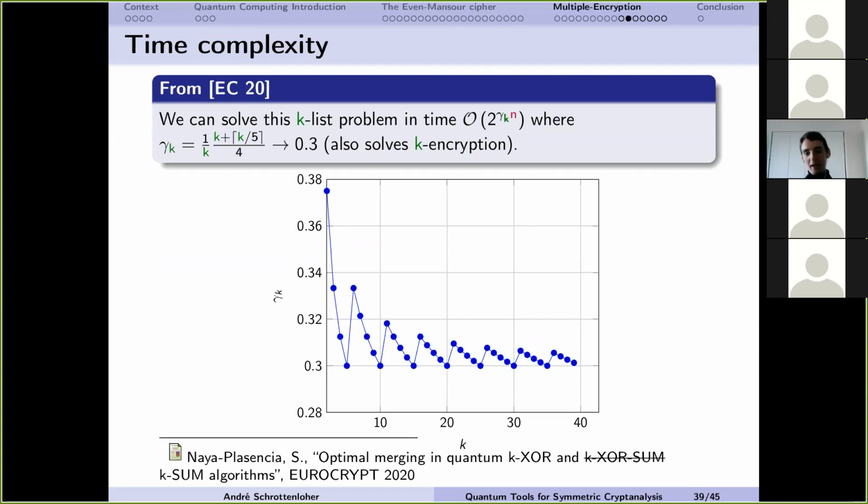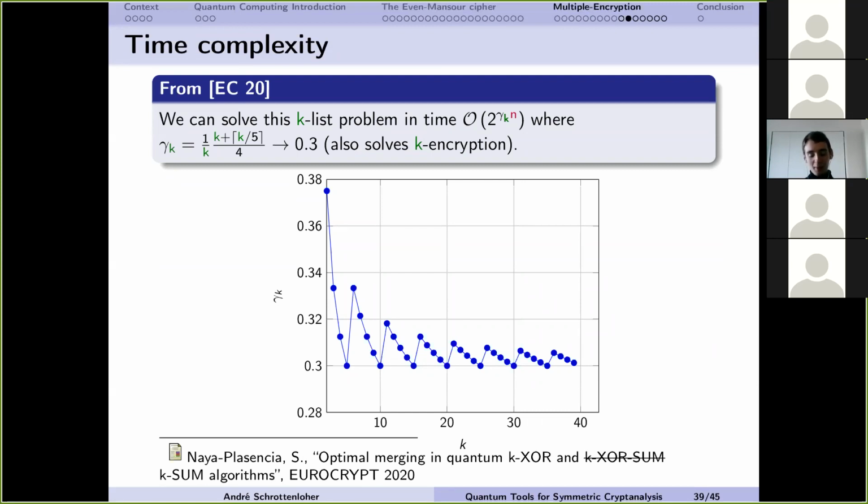But in general, for any k, there is an optimization problem of how you're going to choose your prefixes and how you're going to merge and do these loops on possible prefixes or choices of your prefixes.